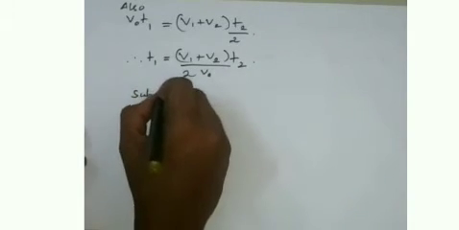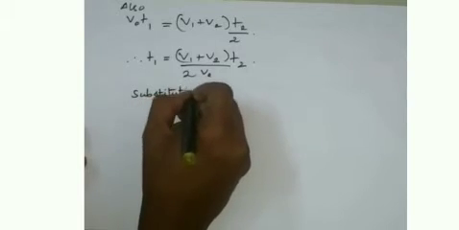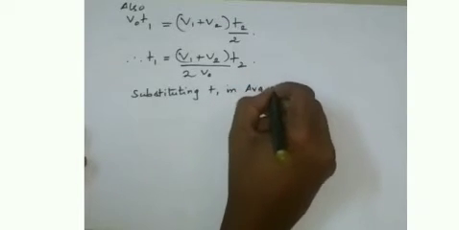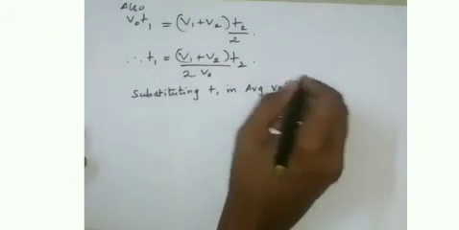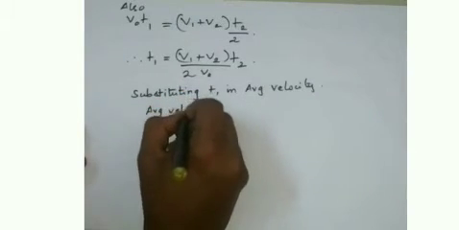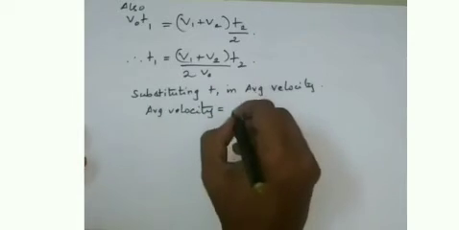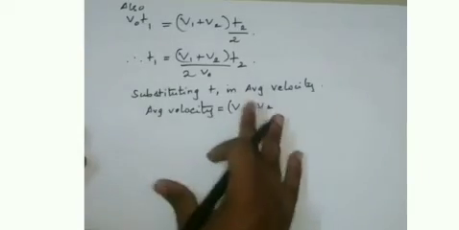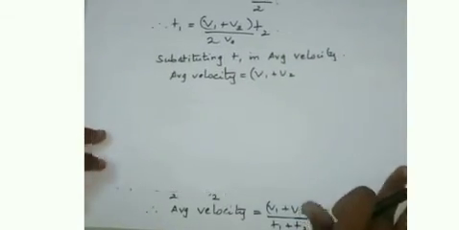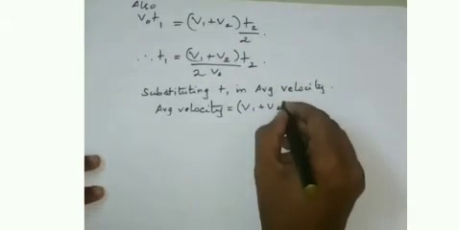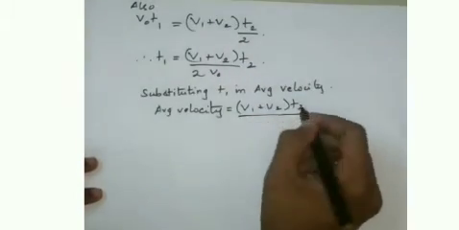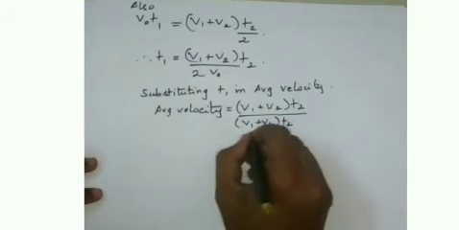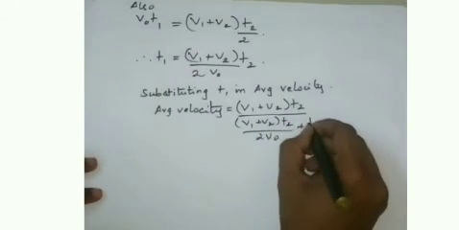So substituting t1 in the equation of average velocity, we get average velocity is equal to (v1 plus v2) into t2 divided by t1, which is given by (v1 plus v2) into t2 upon (v1 plus v2) into t2 upon 2 v0, plus t2.